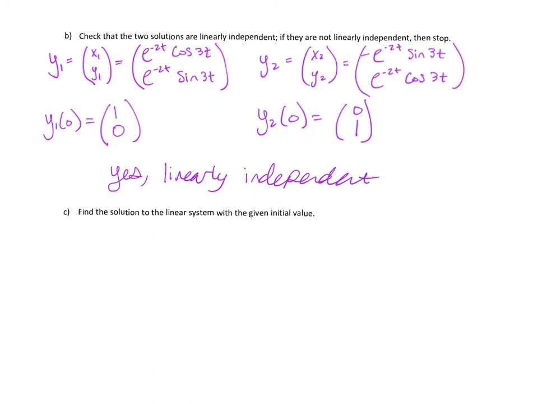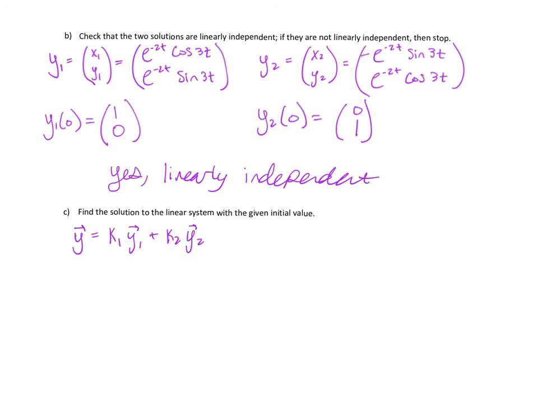Okay, find the solution to the linear system with the given initial value. So I'm going to start by finding the general solution. When you have two particular solutions that are linearly independent, the general solution is a linear combination of those two. So we can just do k1 y1 plus k2 y2.